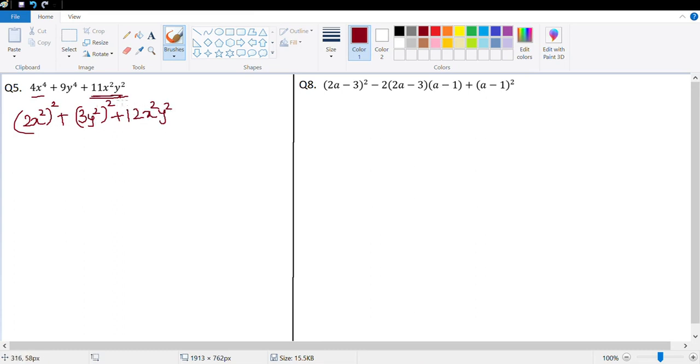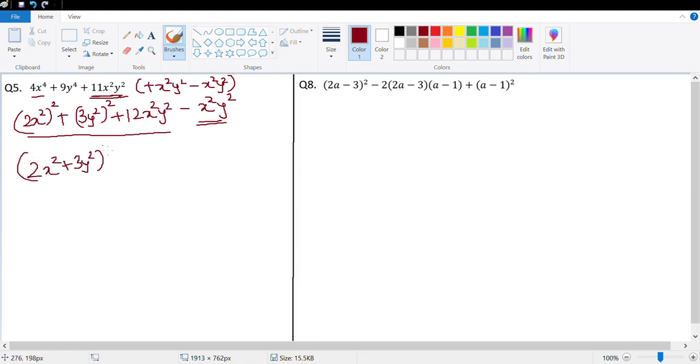But I only have 11x²y², which means I will have to subtract 1x²y², which means all I have done is added x²y² and subtracted x²y². Why have I done that? Because this will help me get first term whole square minus second term whole square, and the first term now would be (2x² + 3y²)².